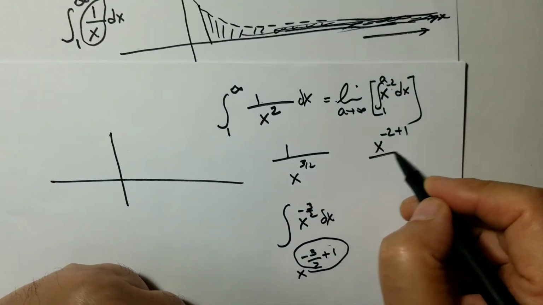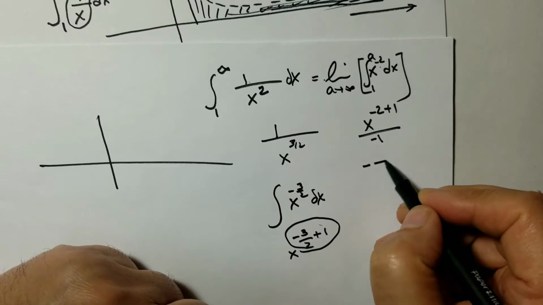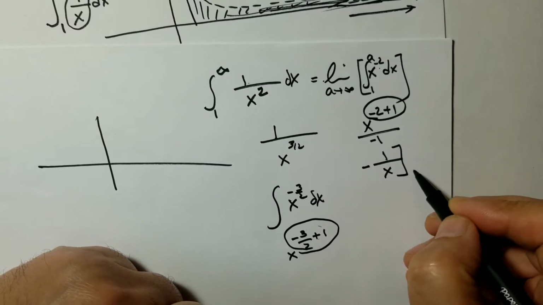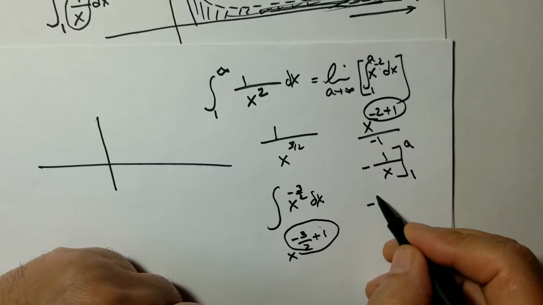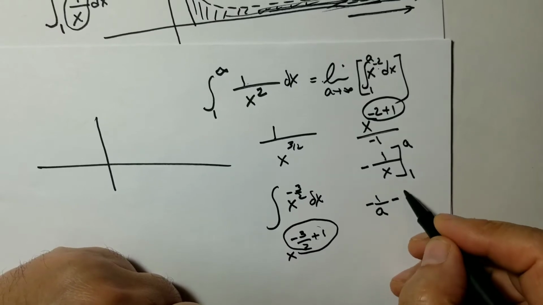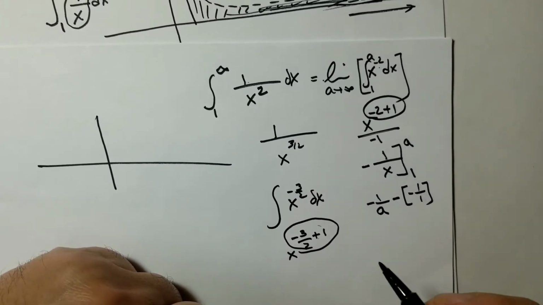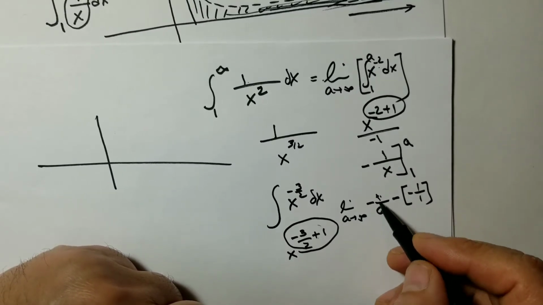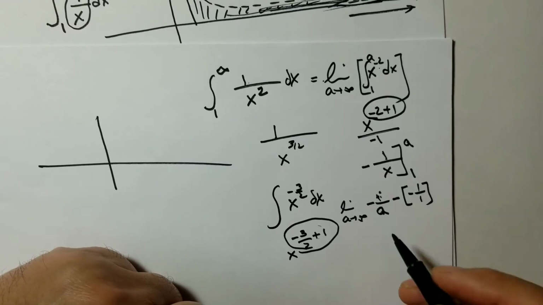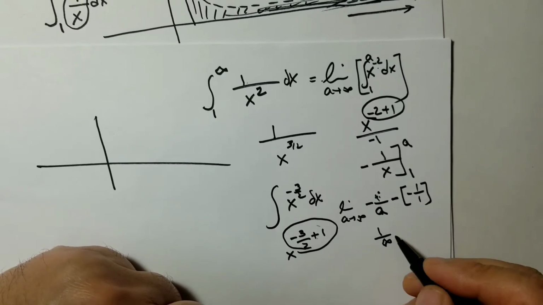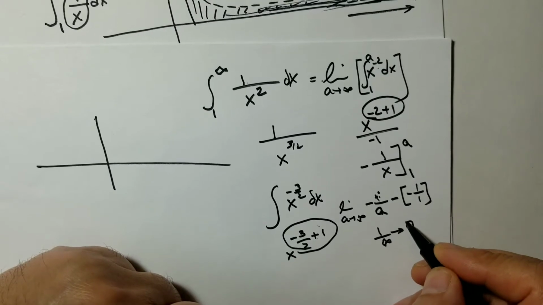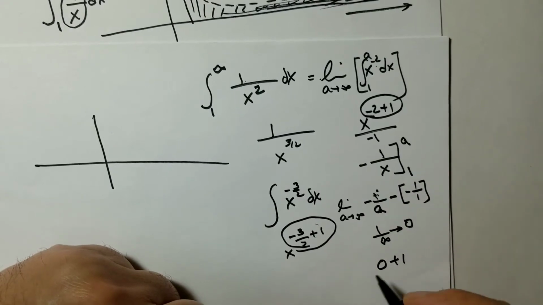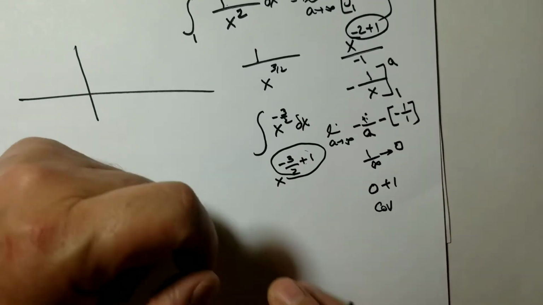But in here, you have to divide by -1, and that becomes down the stairs. It becomes -1 over a minus -1 over 1. And when you take the limit as a approaches infinity, what is 1 over infinity? 1 over a huge number, that number approaches 0. Therefore, in here you have 0 plus 1. And what does 0 plus 1 mean? That area under the curve converges.